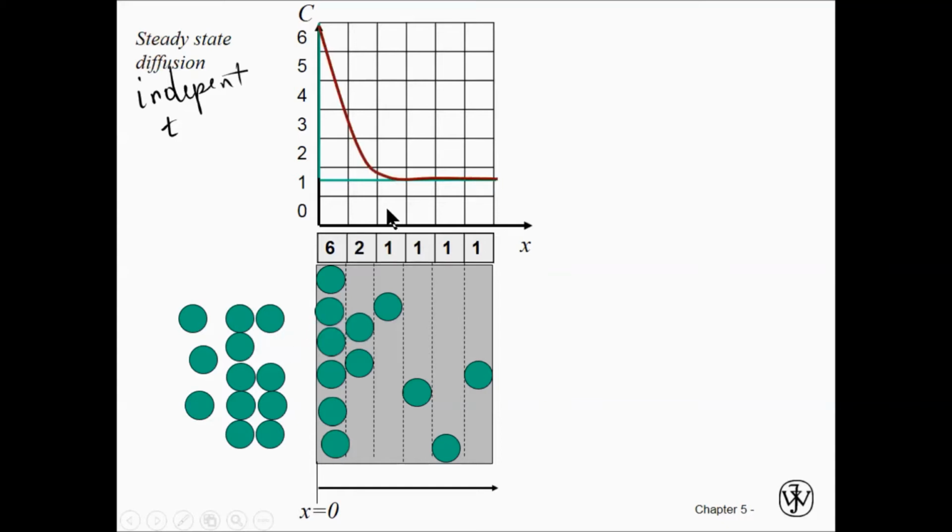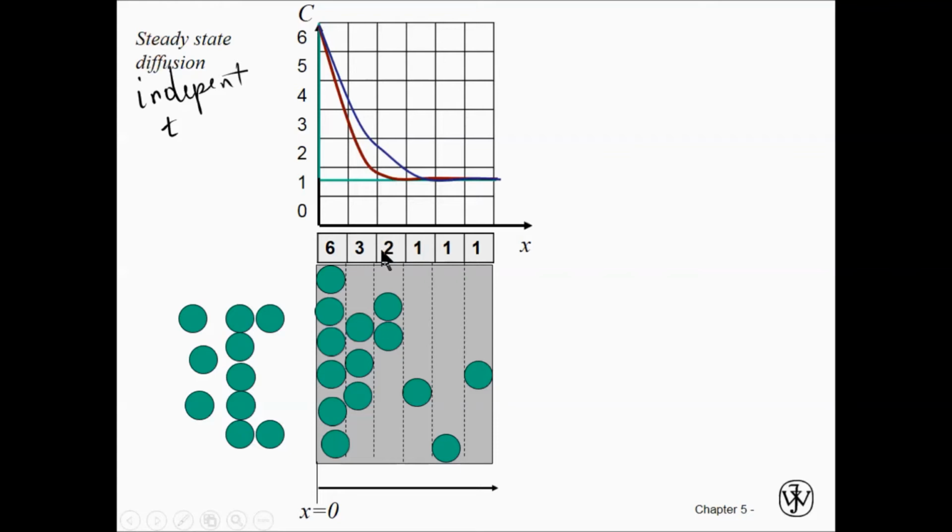When time goes by, you see how concentration changes. I have more and more atoms accumulated below the surface, and you can see the graph. That is for different time. Let's say after 1 hour, this red one. After 2 hours, you will see this blue one.